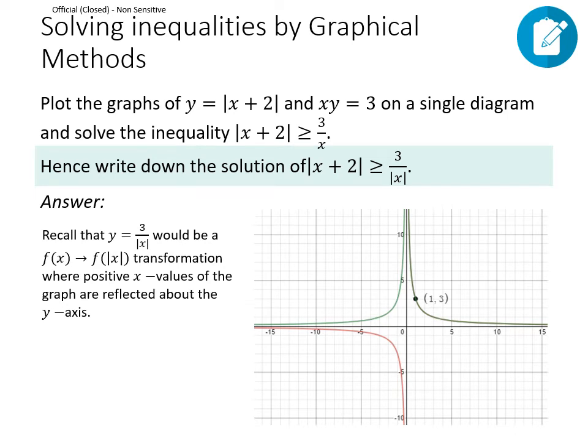The second part of the same question requires us to hence write down the solution, and the only difference that you can notice from the first part of this question is it has a modulus x function.